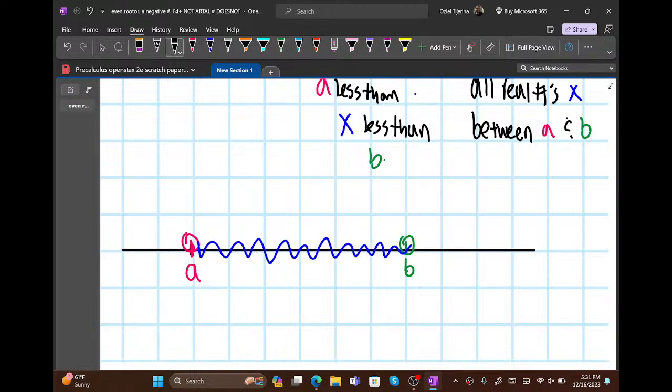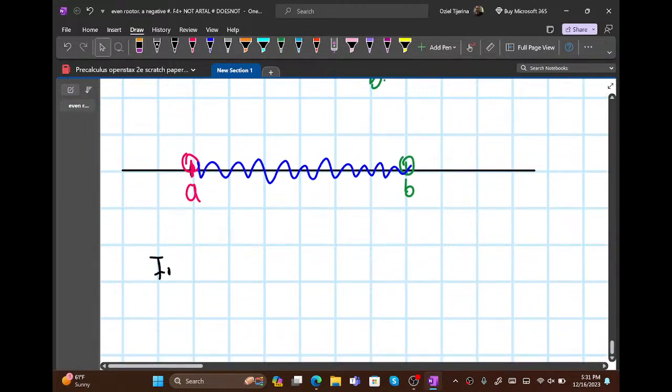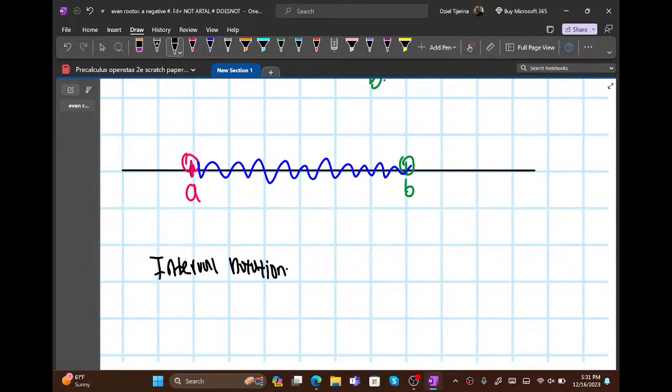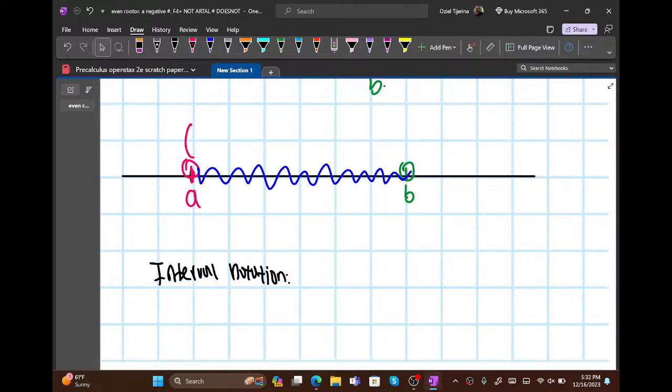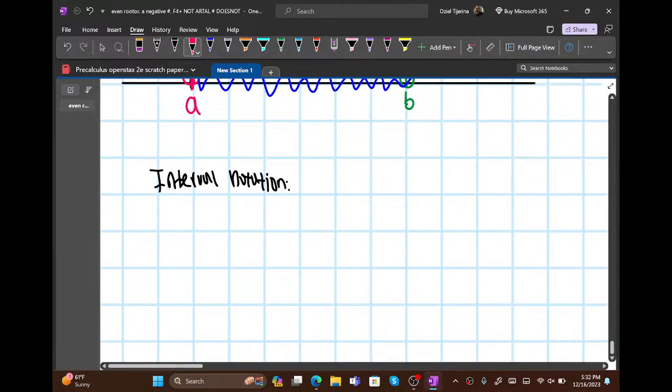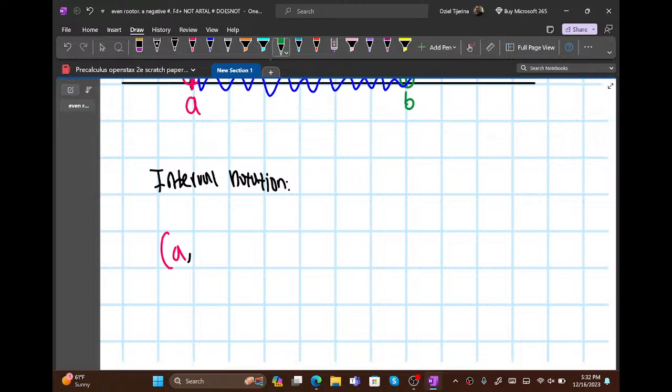And so the way that we would say this in interval notation is parentheses at a and then parentheses at b. So it's going to go like this: parentheses a, comma, b, close parentheses.